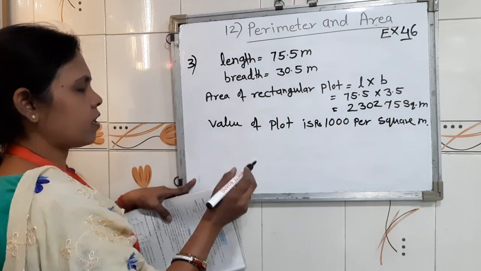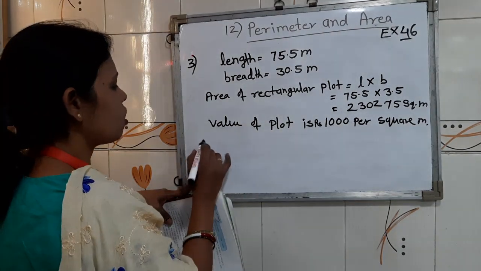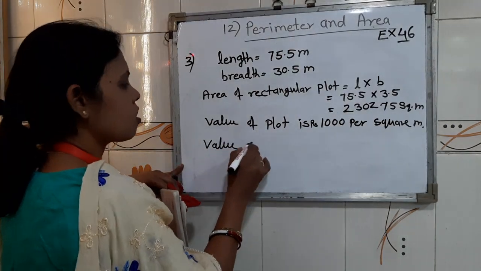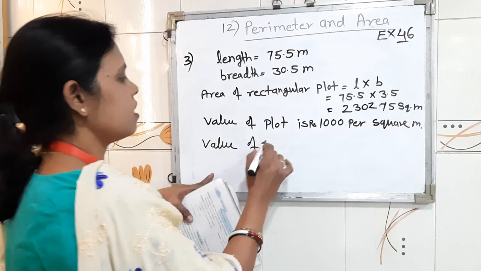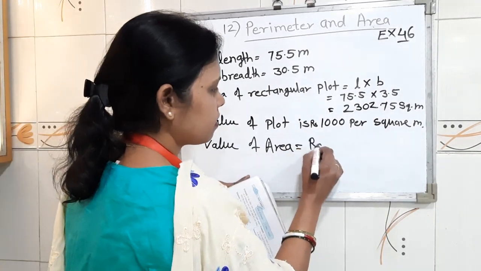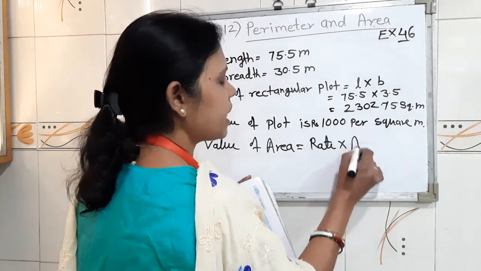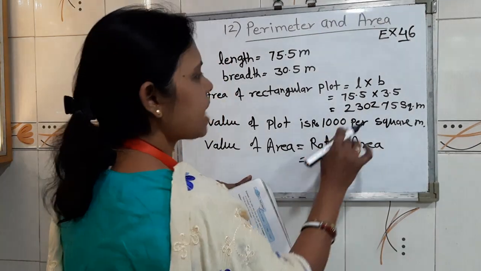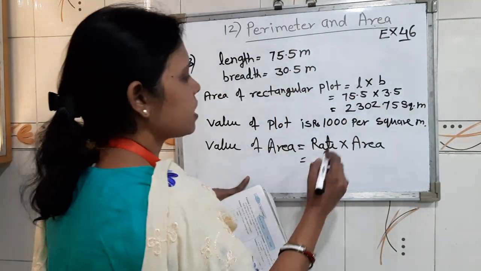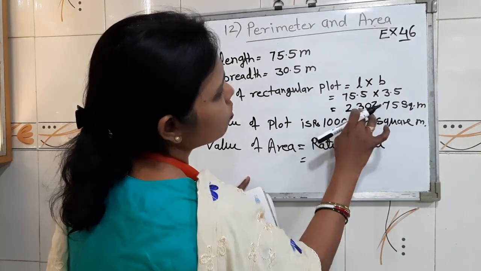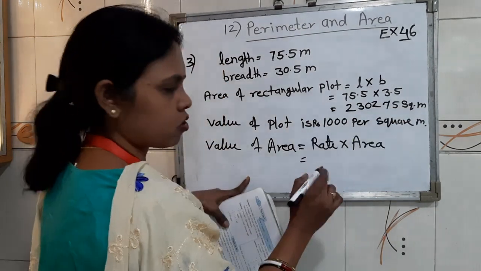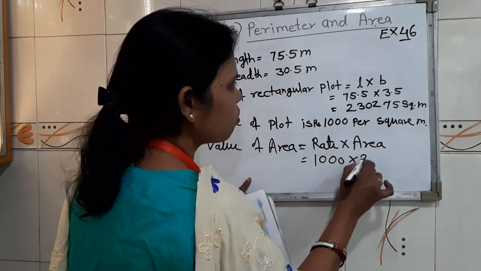That's why what you will find out, the value of area. Value of area equal to rate into area. Area we got from the given length and breadth, that is 2302.75, and the rate is 1000. That's why 1000 into 2302.75.